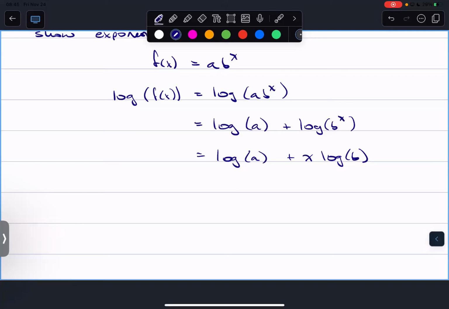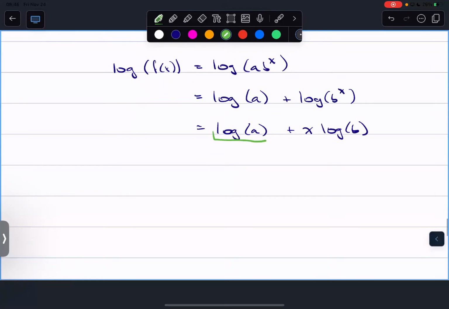The log of a is just a number, and the log of b is just a number. So if I ignore those and just call them some constants, I can use mx plus b, but it gets confusing because we had a b in there. And a plus bx doesn't work either.